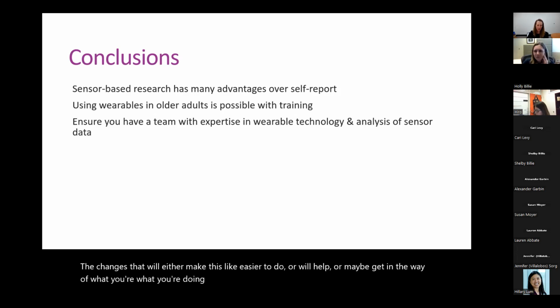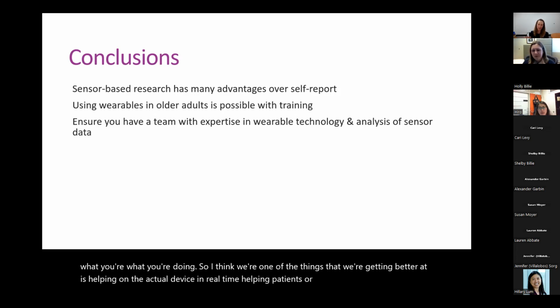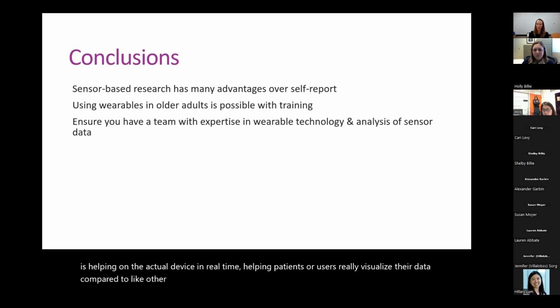So one of the things that we're getting better at is helping, on the actual device in real time, patients or users really visualize their data compared to other people of their similar age. So I think that's becoming more and more possible.